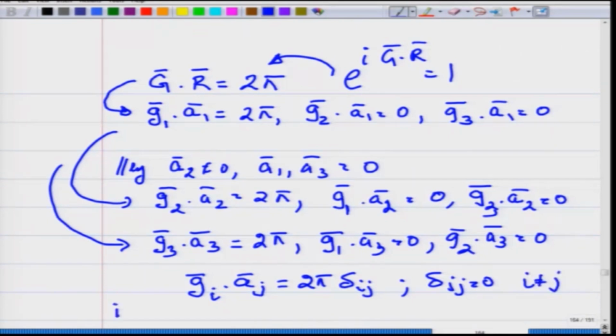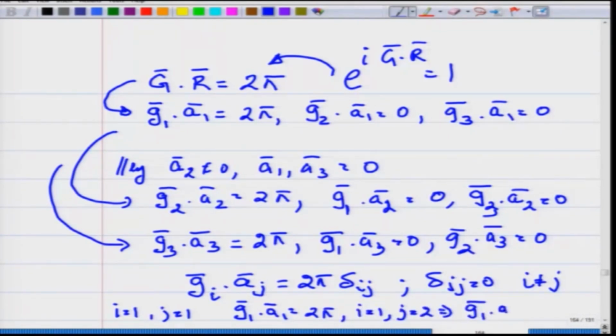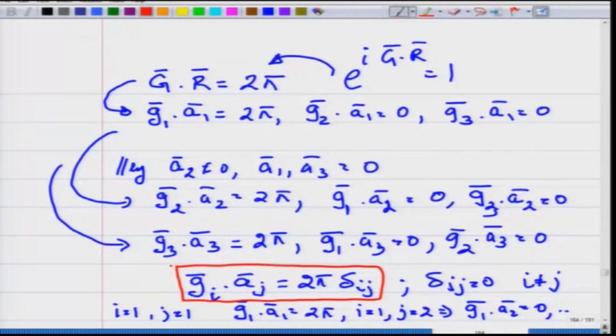So you put i equal to 1 and j equal to 1, then G1 dot A1 is equal to 2 pi; i equal to 1 and j equal to 2 implies G1 dot A2 is equal to 0, and so on. So this is a condition that one uses to find these vectors G1, G2 and G3.